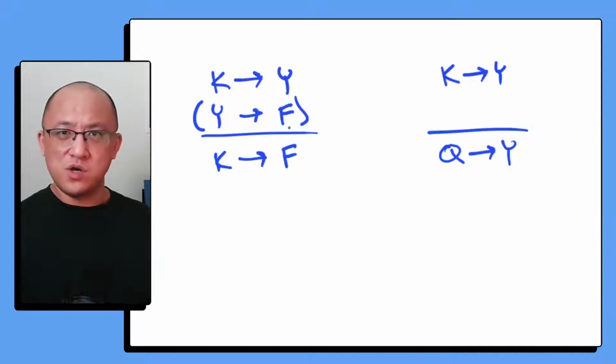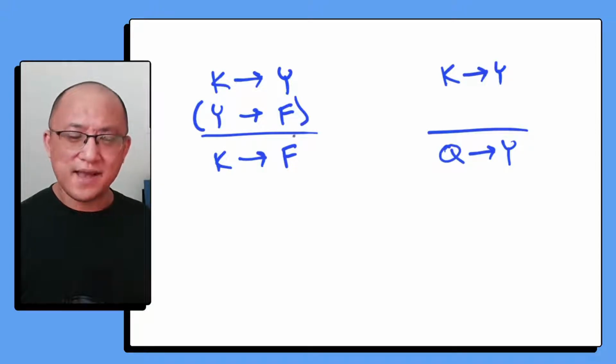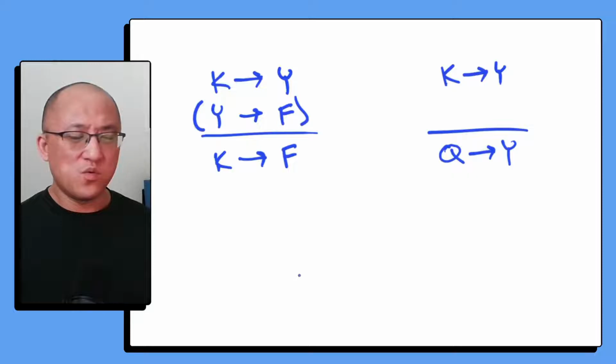And how do you know? How does one know that that is actually the answer? Why isn't it the other way around? Well, can you think about what would happen if it were the other way around? If F, then Y? Does adding that to this argument prove that every single K is an F?